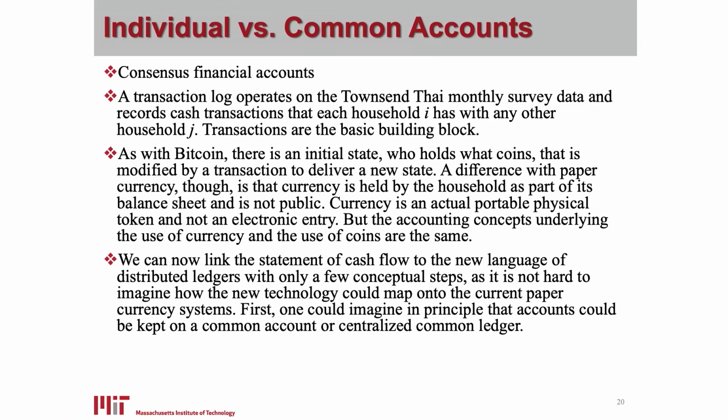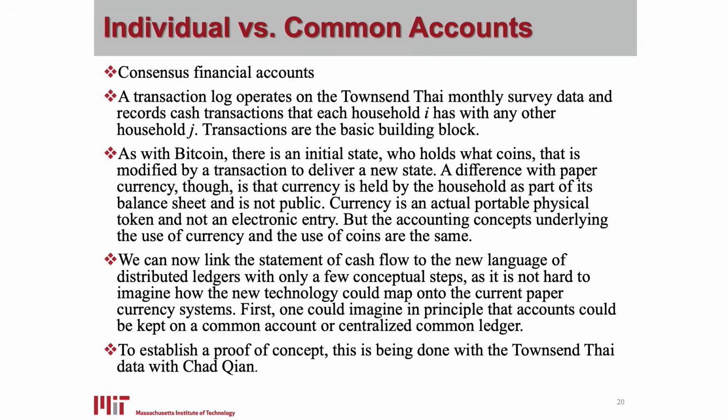here it's both. And you could imagine that these transactions of individual households, say if household I was household J, are the transactions that ought to be recorded at the individual level, but also could have been, if it had been like a Bitcoin database, recorded on a common ledger to begin with.